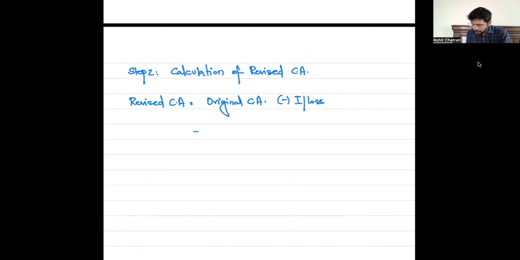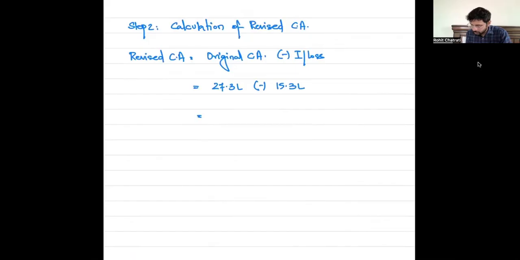The original carrying amount was rupees 27.3 lakhs less impairment loss of 15.3 lakhs. So the revised carrying amount is going to be 12 lakh rupees. And this obviously is equal to the recoverable amount as well.